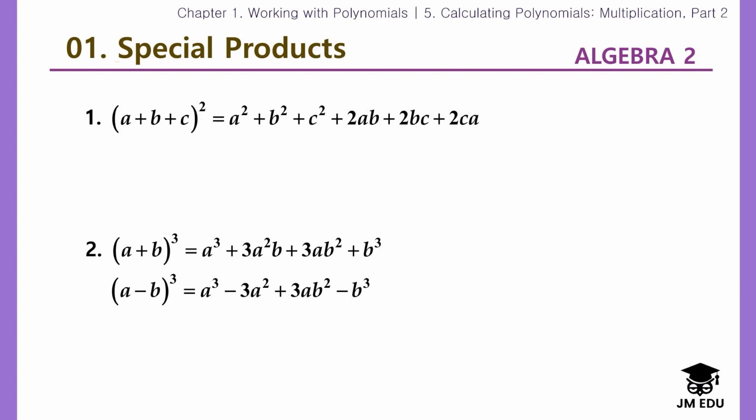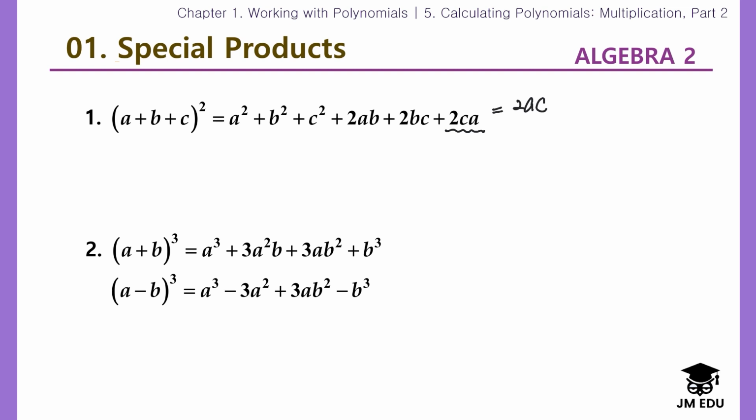That is equal to a squared plus b squared plus c squared plus 2 times a times b, 2ab, plus 2 times b times c, 2bc, plus 2 times c times a, 2ca, right? For 2ca, we can rewrite this expression as 2ac, in alphabetical order.